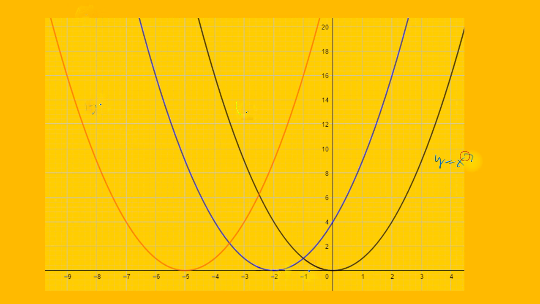So here, negative 2, or we can also say plus negative 2. The x value 2 minus 2 becomes 0. Here 1 minus 2 is negative 1, 0 minus 2 is negative 2.